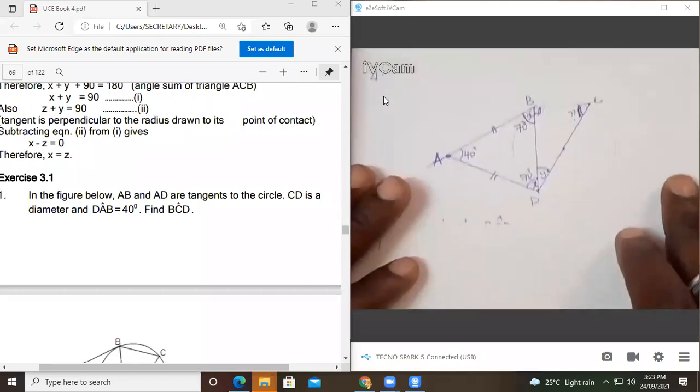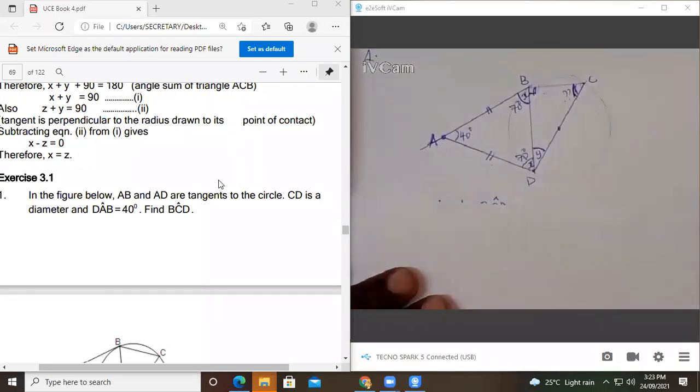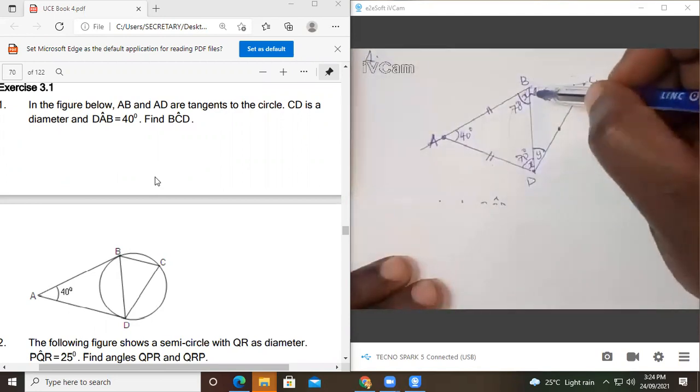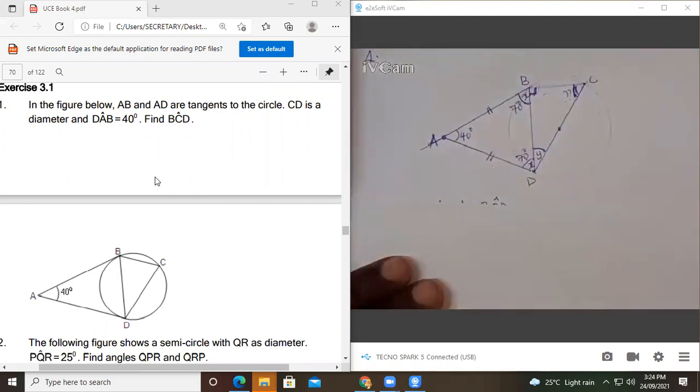ACD was a diameter. I've helped you. I've shown you that this angle, which is here, is 90 degrees. Correct, it's 90 degrees. So how do we find the angle Y? Y plus 90 degrees.